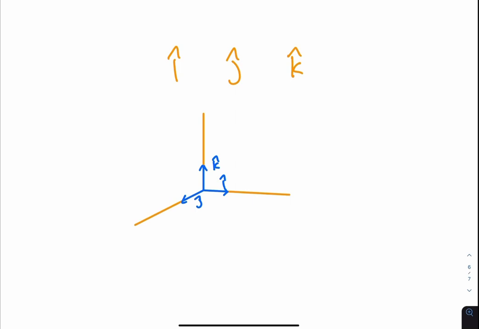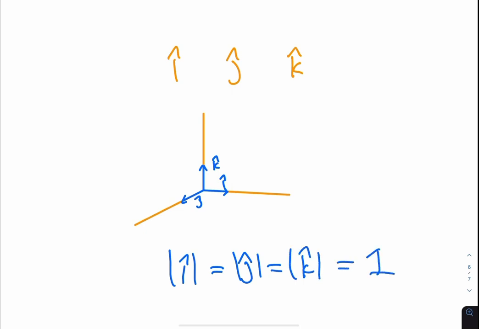Perhaps this makes it a little easier to conceptualize a vector coming into or out of the page. That k vector is what I mean. And of course, they are standard basis vectors, so the magnitude of all three of these are going to be equal to 1.